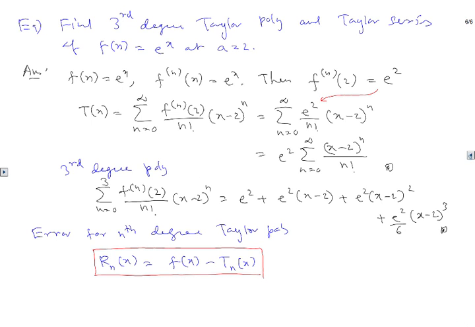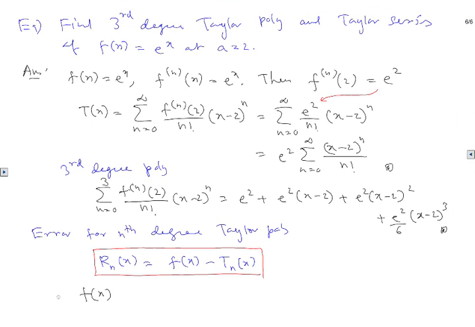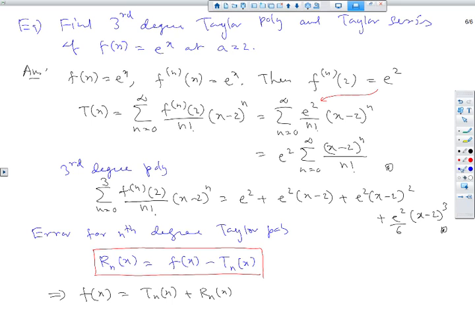If we do that, then what we can do is write this: f(x), if you move it to the other side, is Tn(x) plus Rn(x). You can write the Taylor polynomial plus the error term. In theory, it says that the error is bounded by a certain number.